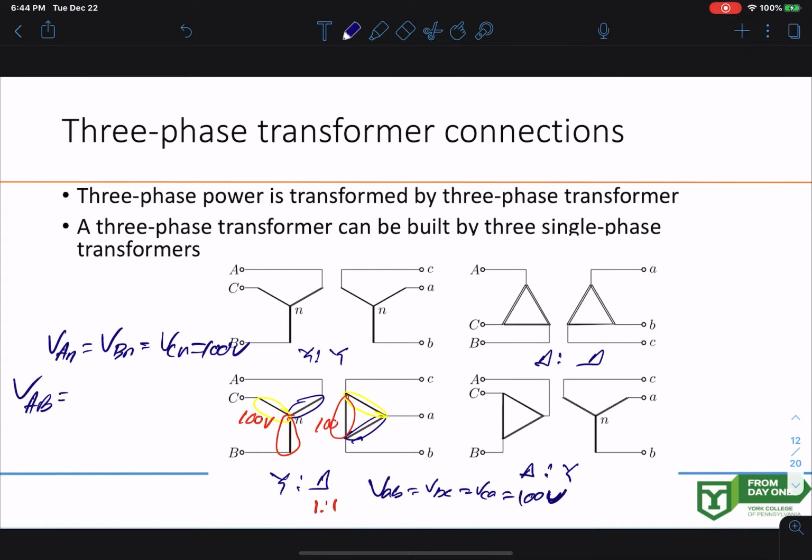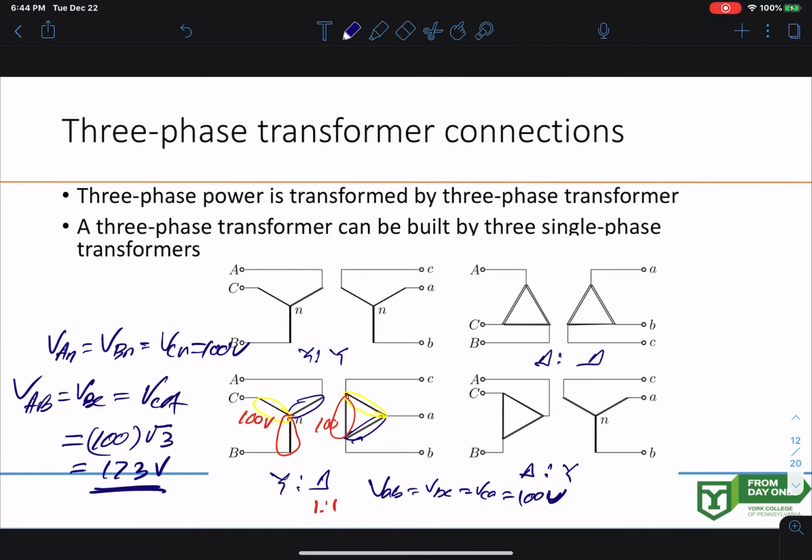That would be equal to VBC, equal to VCA. It should be equal to whatever 100 volts here times square root of 3. That will give you 171, I guess, or 173. Let me do the math here. Oh, 173. So that will be 173 volts.